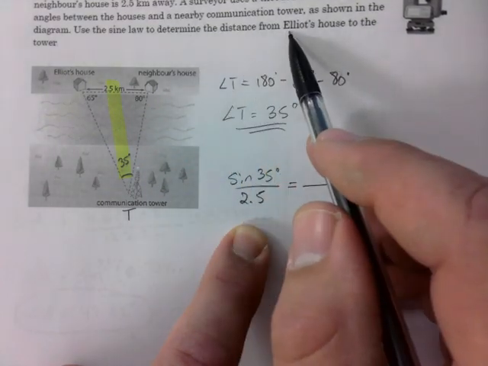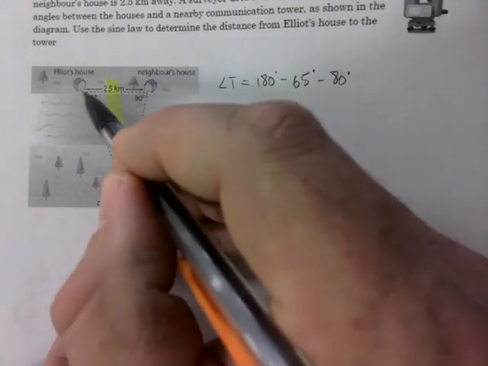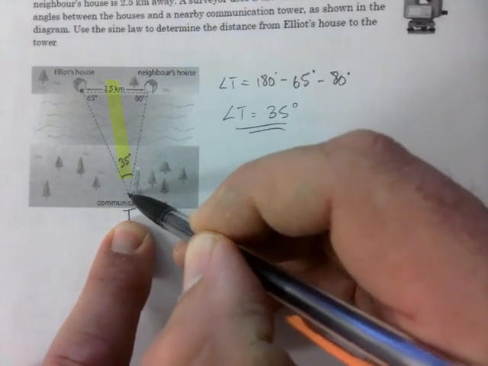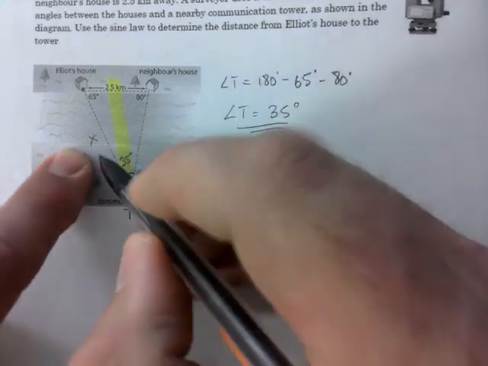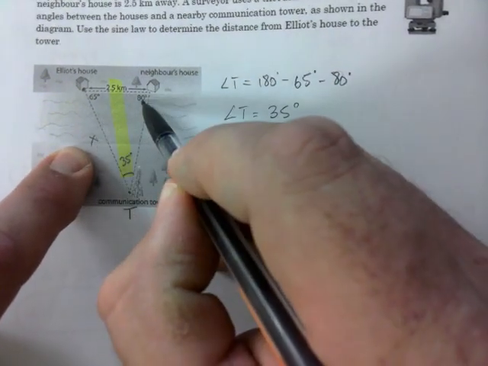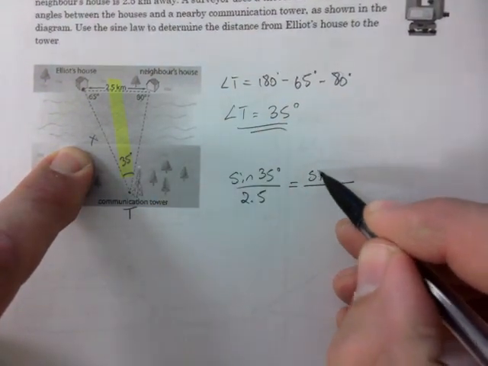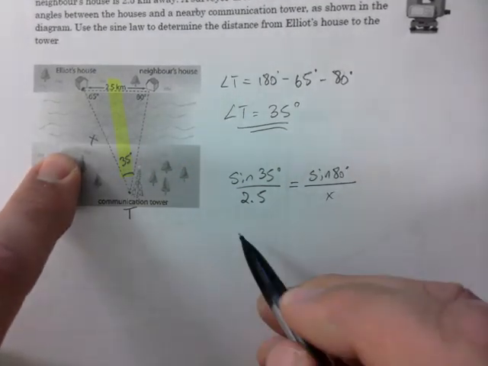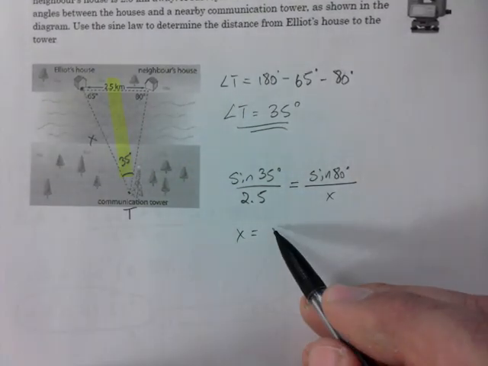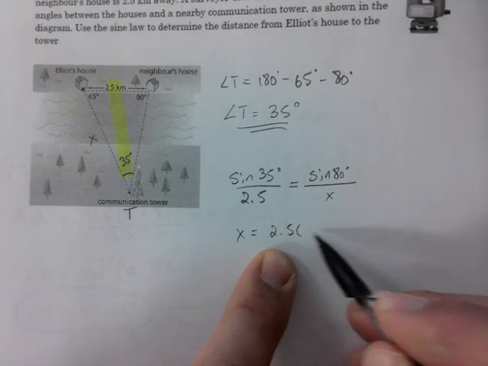Determine the distance from Elliot's house to the tower. So from Elliot's house to the tower, they're asking for this side right here, this side length, which means you must use that angle. You have to use the angle across from it, not the 65. And then it turns out that it's just multiplying and dividing.